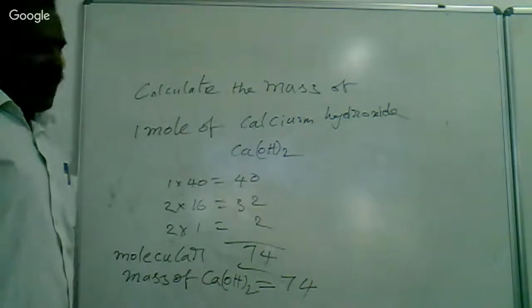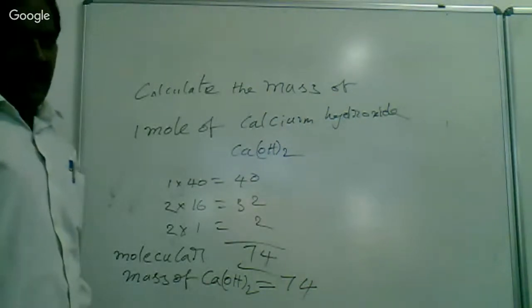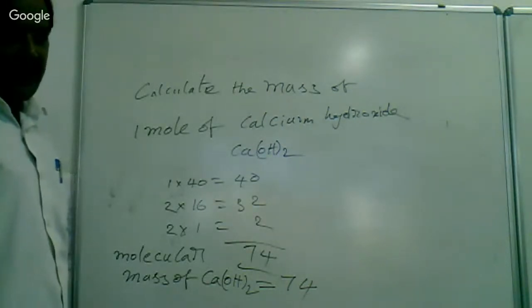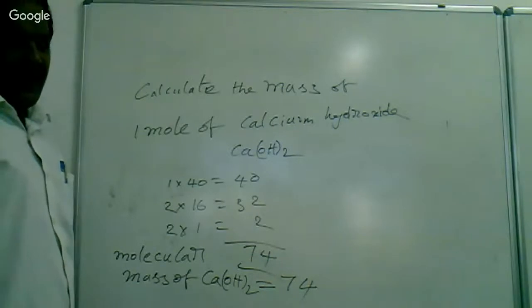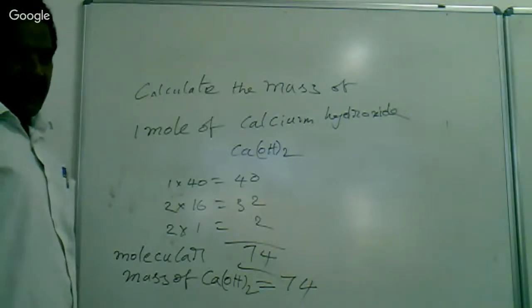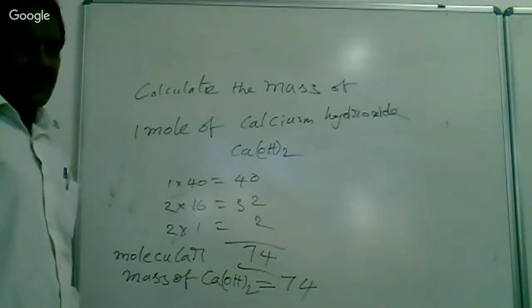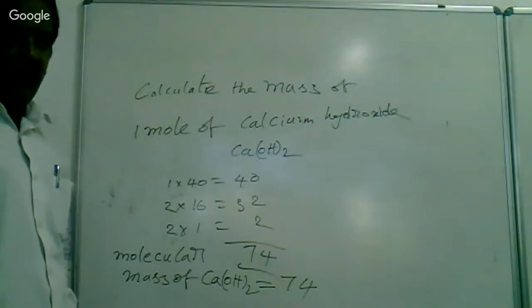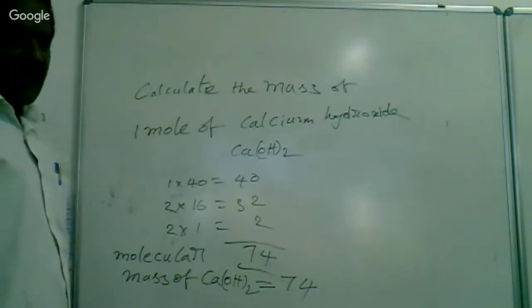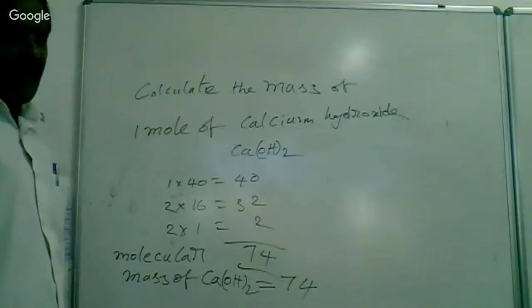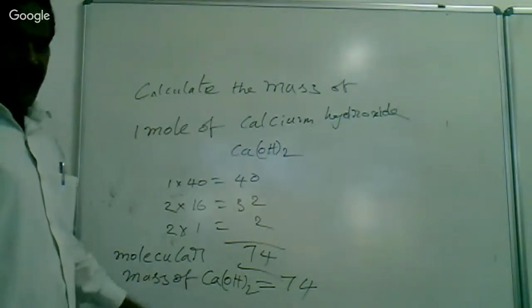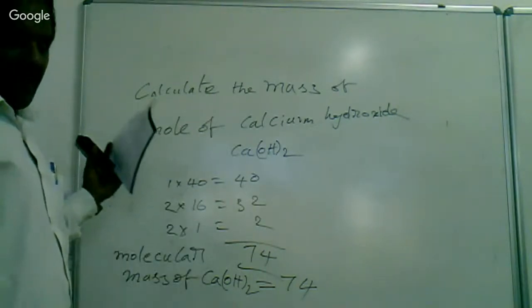I hope by this time you know how to calculate the molecular weight of various compounds. And as per the definition, the molecular weight of a compound is nothing but the sum of the atomic weights of all the constituent atoms present in the molecule. So the same thing you need to apply, and you must be aware of the atomic weights of the various elements present in the molecular formula.